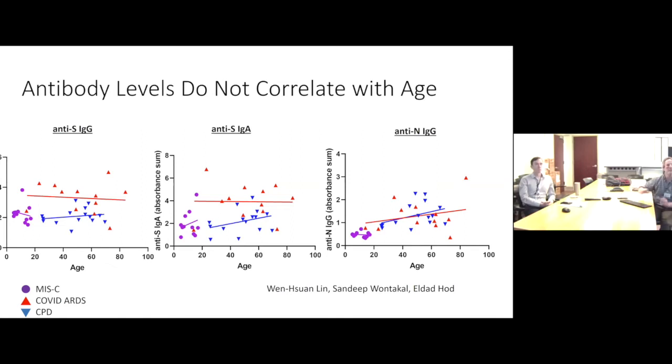As you can see here, there really was no correlation that we were able to detect between age and the level of any of the antibodies that we were detecting. So we don't think that the differences we're seeing are necessarily related to the age of the patient. It really is tracking with the clinical syndrome, probably more than anything else.